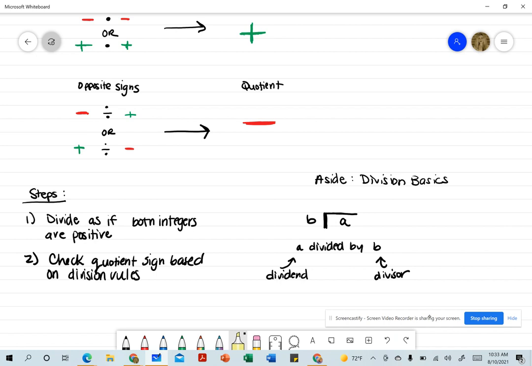It's what we are dividing our integer by, or into what kind of amounts, right? Well, that is the same thing as this, A divided by B, or A divided by B. So we have to know all representations of division. The divisor always is second. So it's on the outside of a long division, or it's second in an expression, or the bottom of a fraction, right? The dividend is the inside, the first, or the top.